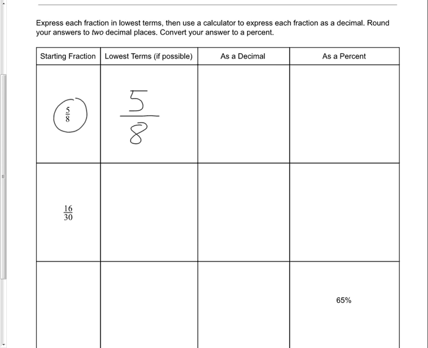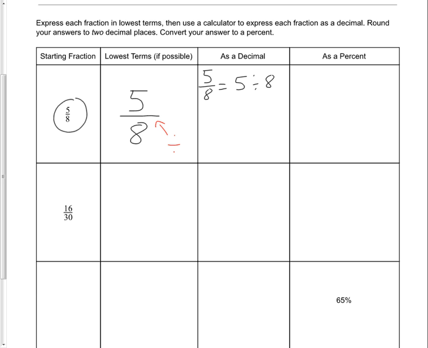Now, the way that this is written as a fraction also means that this is a division question. This line right here actually means division. What this means is actually 5 divided by 8. So we can write this out in a different way: 5/8 is equal to 5 divided by 8.